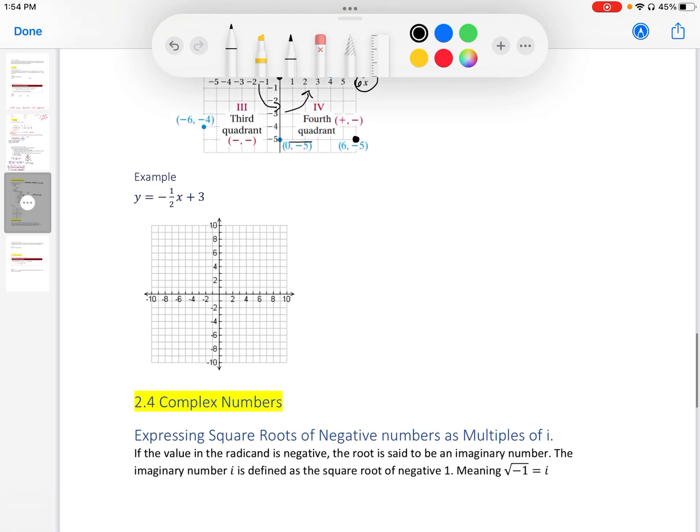One of the first features we learn to graph is a line. To graph a line, you have 3 main ways to go about it. You can use x and y intercepts.